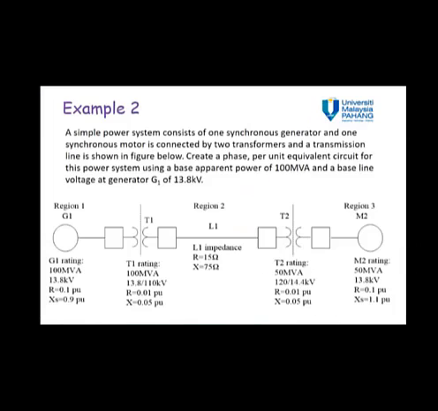If you look at this, for this case, we have a generator. This generator has two parameters, resistance and inductive reactance, so we have to draw both of them. We have the resistance and inductive reactance for the generator, this one XG, this one RG.